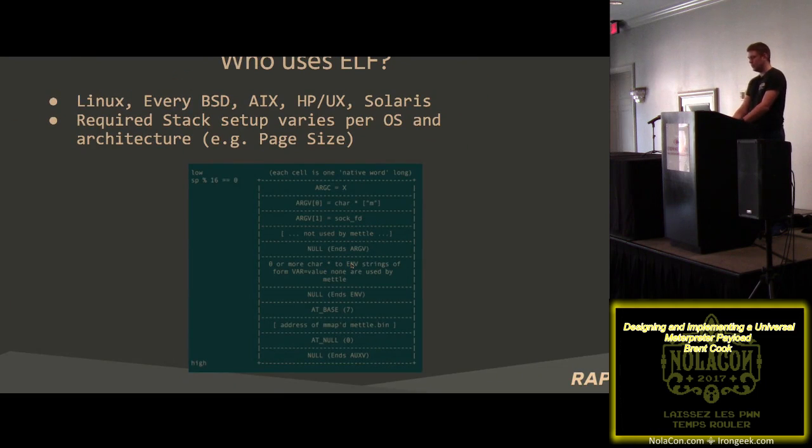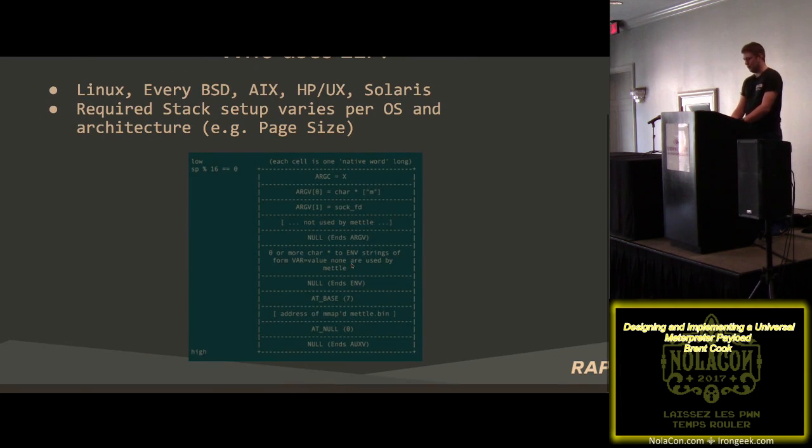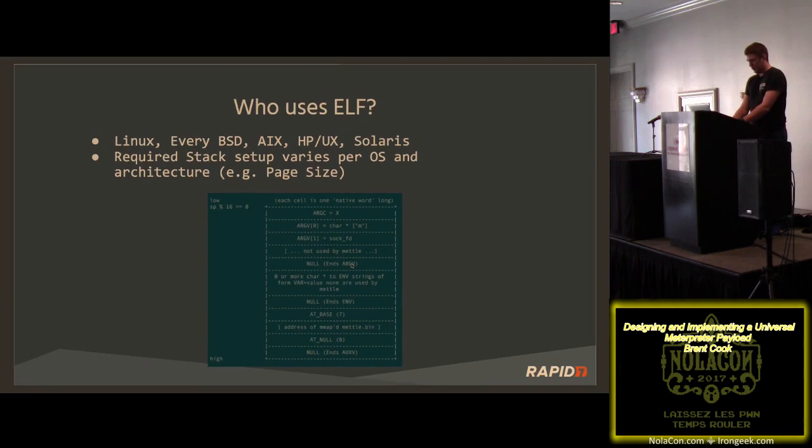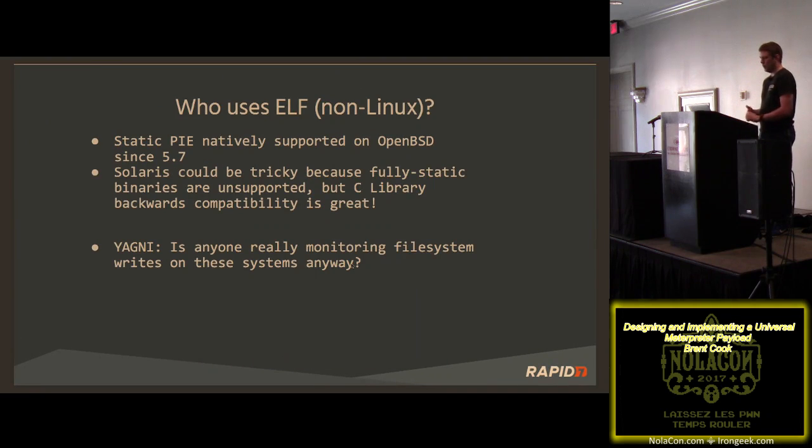You can figure out exactly what everything needs to work, and suddenly you have a universal loader that works on every Linux and potentially every other OS as well. Let's zoom back out. Like I said, a lot of people use ELF as a base format, which means if we target ELF, we get a lot of bang for the buck.